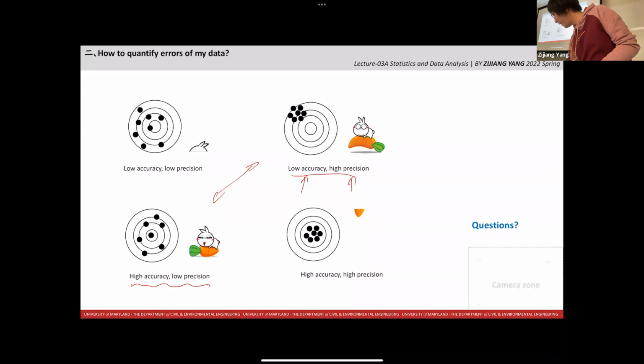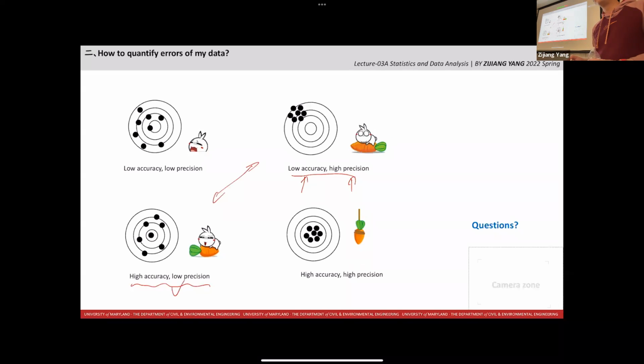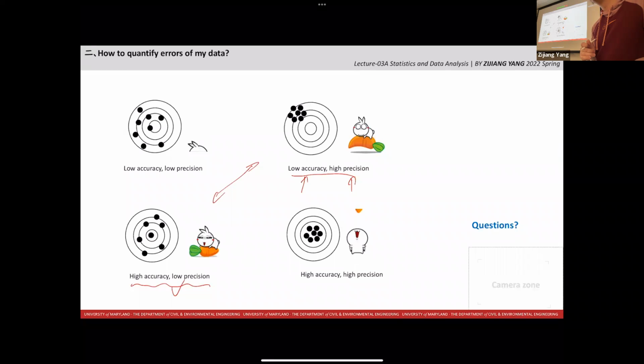Why? Because in terms of gathering data, I would rather be accurate than not having accuracy but constantly getting the wrong information.